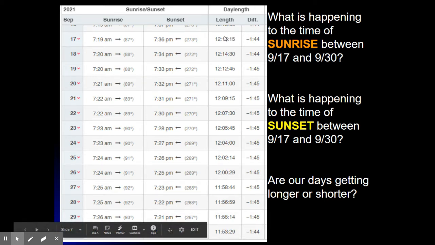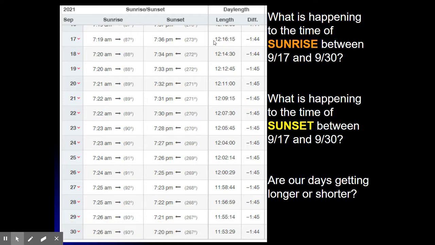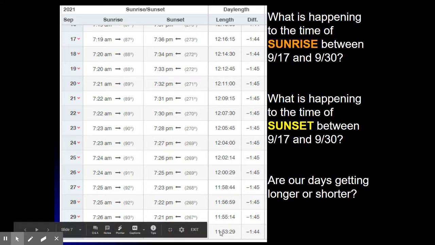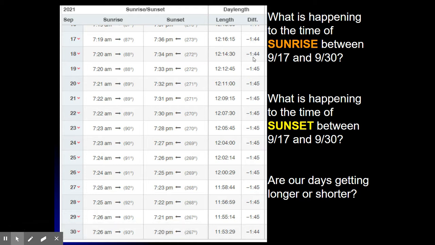On the 17th, the length of our day was 12 hours and 16 minutes, and then on the 30th, the length of our day is 11 hours and 53 minutes. You can see in the difference column that we are losing close to 2 minutes of daylight during September.